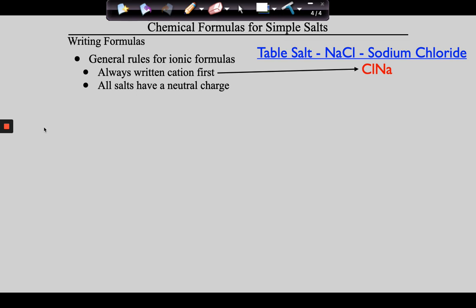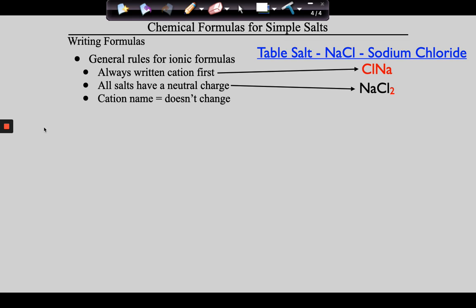The positives and negatives balance out. But guys, I would propose to you that you knew that as well, because you know that table salt is not NaCl2. Why is it not NaCl2? Well, sodium's +1 and chlorine's -1, and you only need one of each for those to cancel out. Rule number 3.